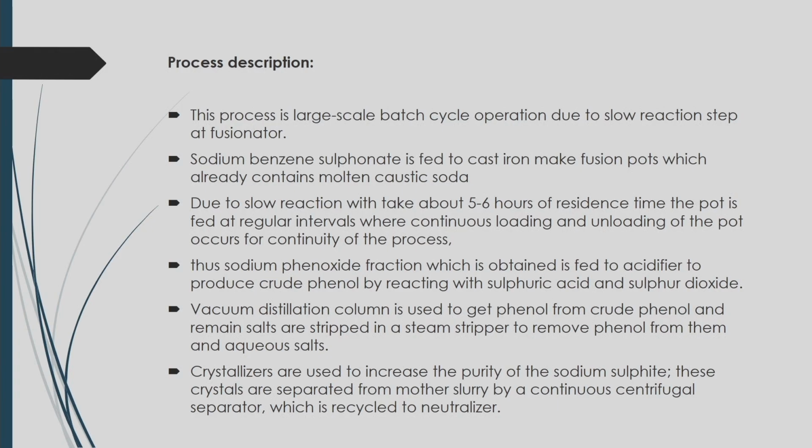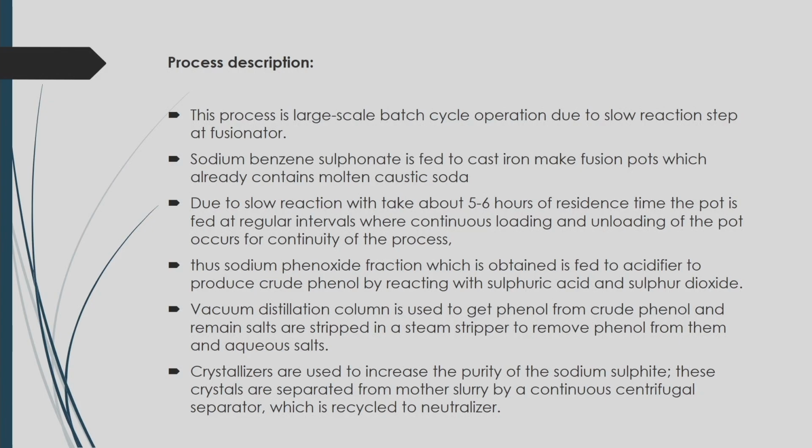The sodium phenoxide fraction which is obtained is fed to the acidifier to produce crude phenol by reacting with sulfuric acid and sulfur dioxide. A vacuum distillation column is used to get phenol from crude phenol, and the remaining salts are stripped in a steam stripper to remove phenol from them and the aqueous salts.